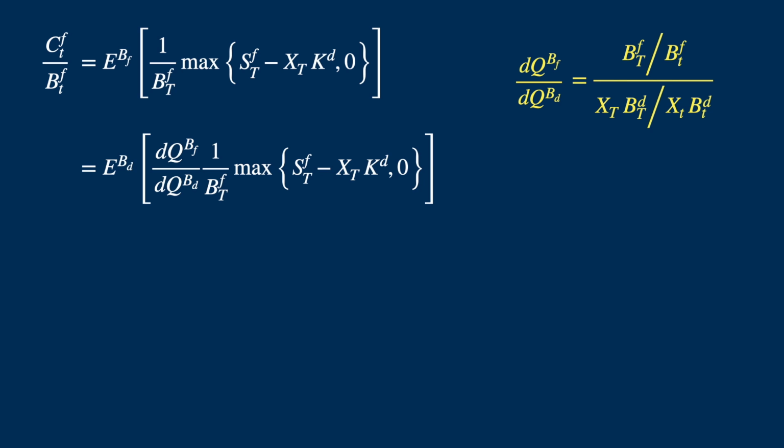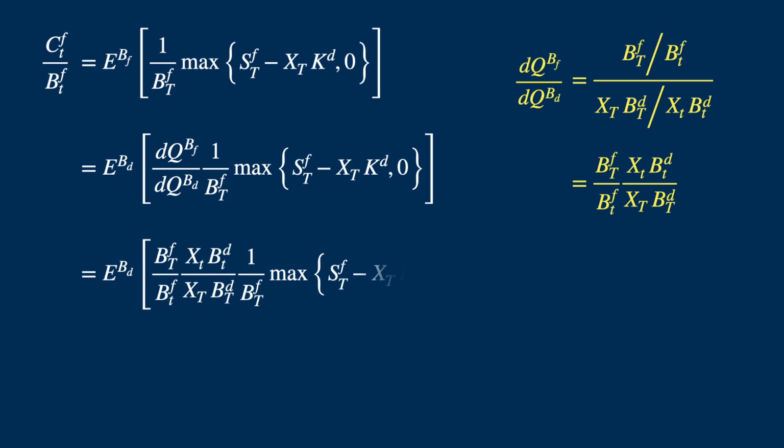And we can simplify it by moving the terms in the denominator upstairs. And then we can substitute it for the Radon-Nikodym derivative inside the expectation. And then look for cancellations. So these B's cancel. And these B's cancel as well, because the value of this bank account is known at small t. So we can use it to cancel the same term on the left hand side.